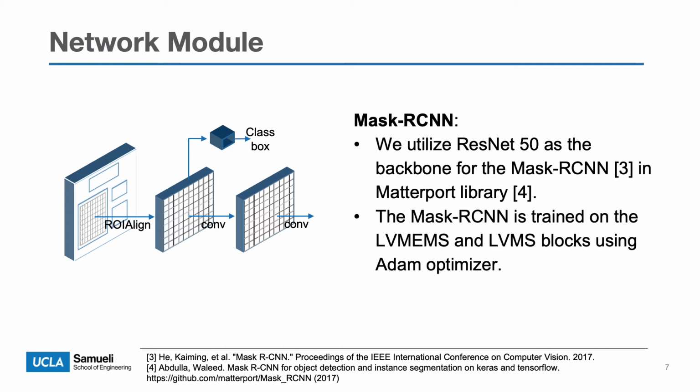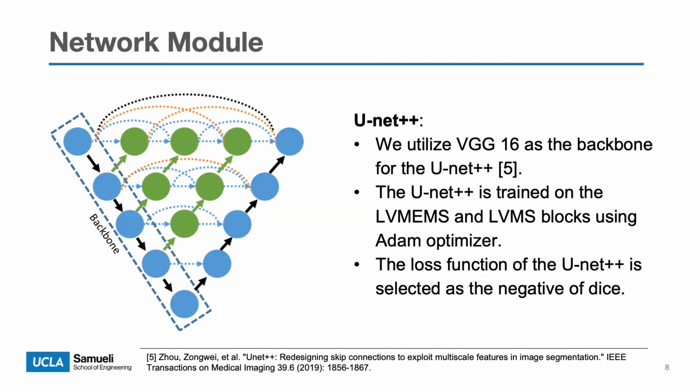The Mask R-CNN is trained on the LVME-MS and LVMS using Adam optimizer. The U-Net++ module utilizes VGG16 as the backbone. The model is trained on the LVME-MS and LVMS using the negative of dice coefficient as the loss function with Adam optimizer.